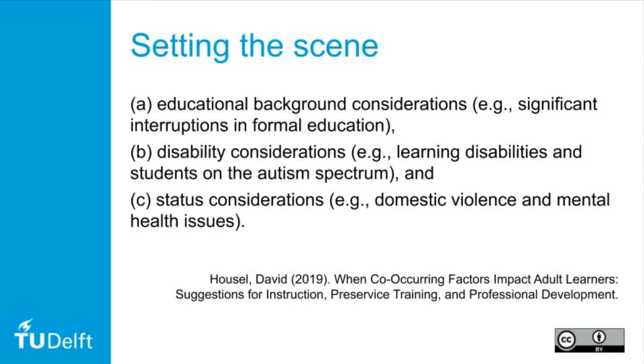They may have some interruptions in formal education. They may be older than some of the other people in the class. They may actually be younger. Then you have the disability considerations, what they might have, and how that might affect how they socialize in your classroom. And also the status considerations.